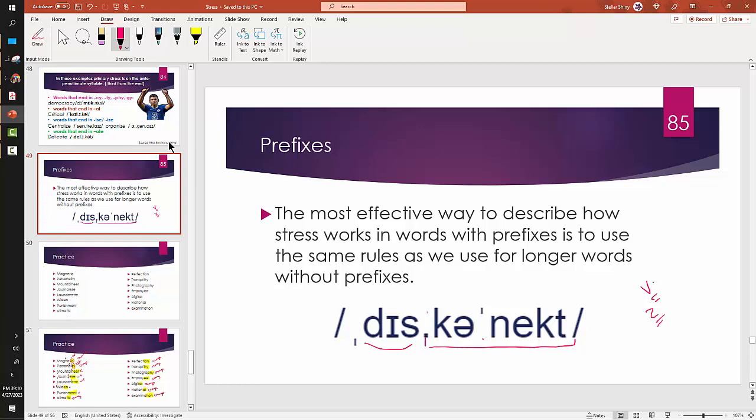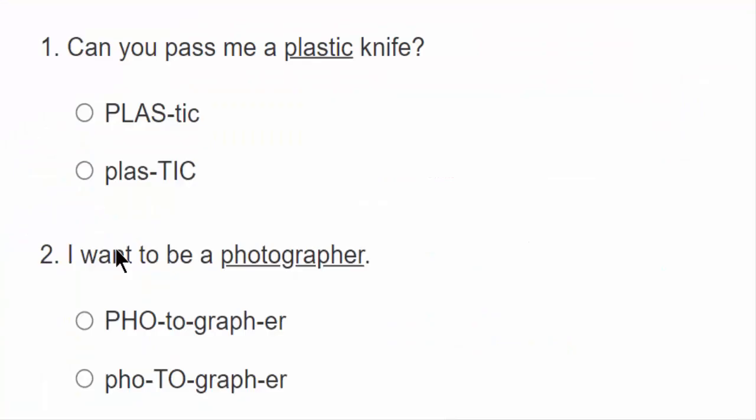So in general rule, in a verb with 2 syllables, we put the primary stress on the second syllable. Okay, so this is the primary stress. To make sure, I cannot stress this k because we have a schwa sound. So this is a weak syllable.